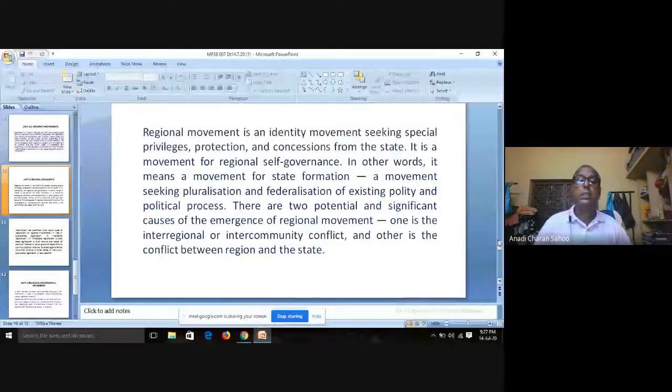There are two potential and significant causes of the emergence of regional movement. One is inter-regional and inter-community conflict, and the other is the conflict between region and the state.